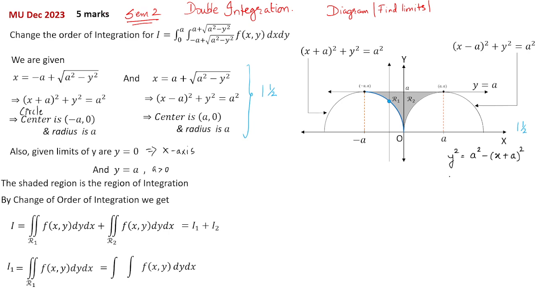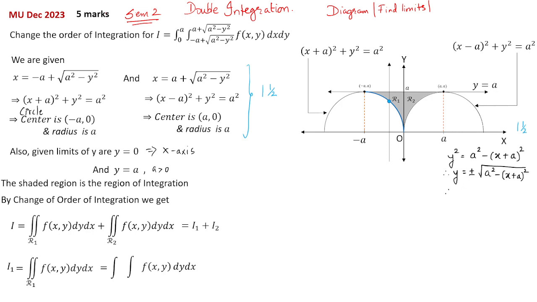Now I want y alone on the left side and all the terms related to x on the right side. When I take the square root, I have to be very careful because it is going to be plus and minus. So what I have is the square root of a square minus x plus a the whole square.